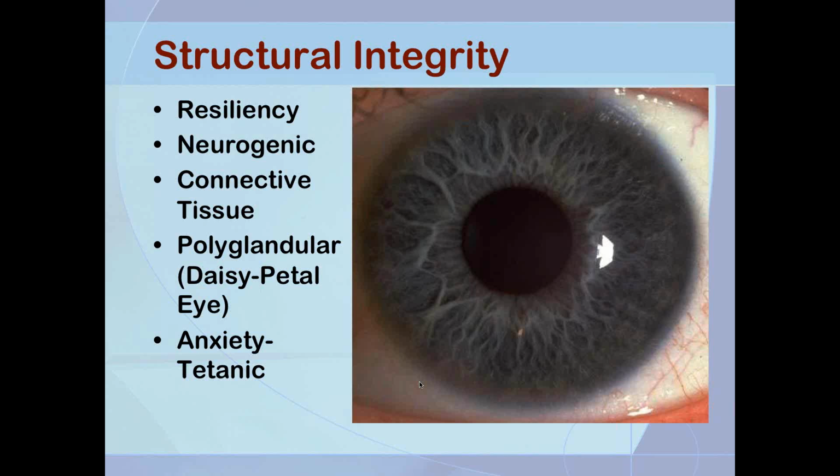We're going to look at 5 different structural integrity patterns. We're going to look at the basic concept of resiliency, and then the neurogenic type, the connective tissue type, the polyglandular type, or daisy petal eye as it's sometimes called, and the anxiety tetanic type, all of which are structural patterns.